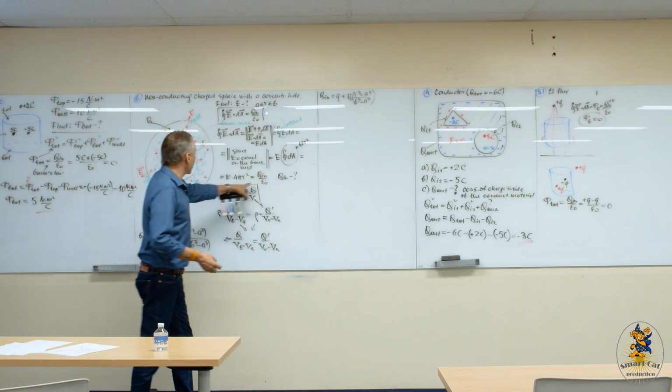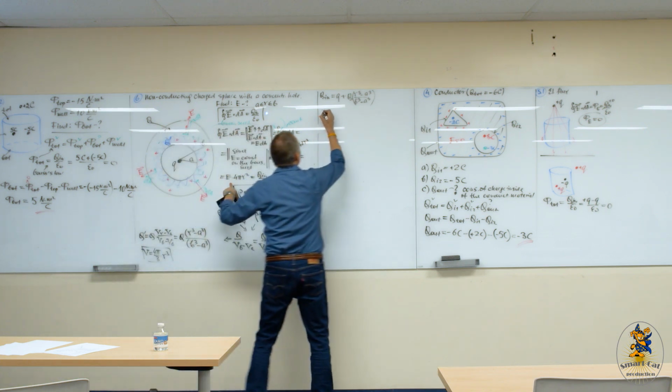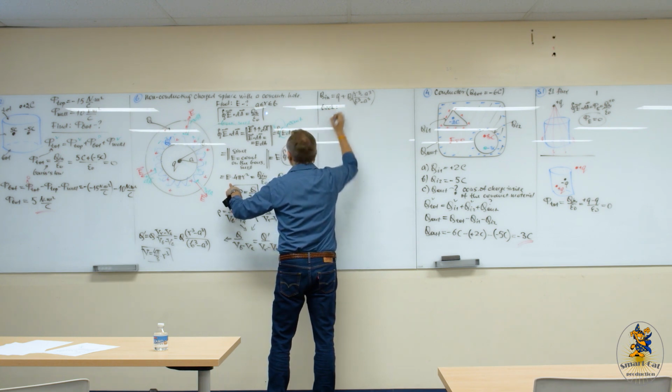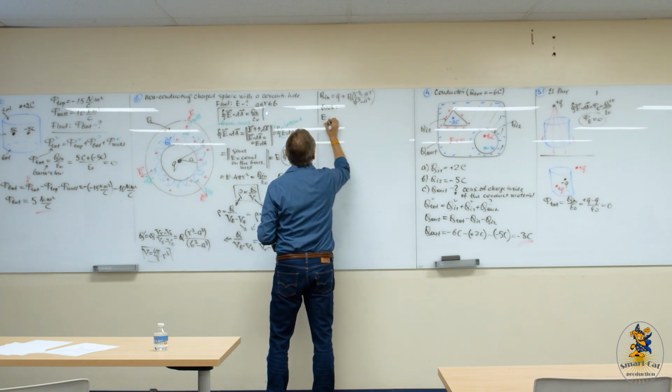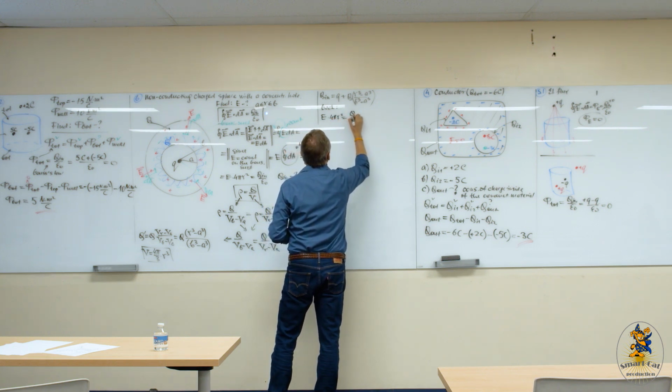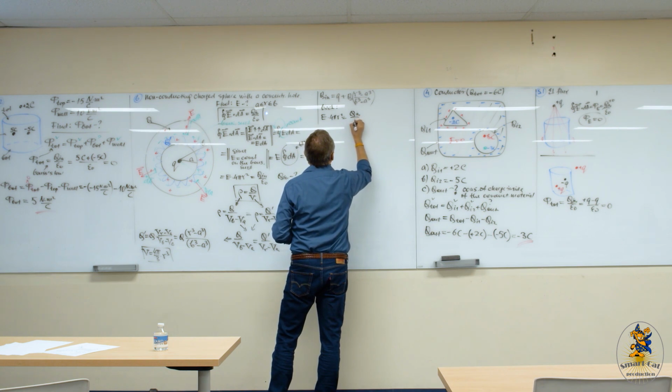Okay, so now let's just plug it into what we introduced. So E times 4 pi r squared. Let me first write in terms of Q enclosed.